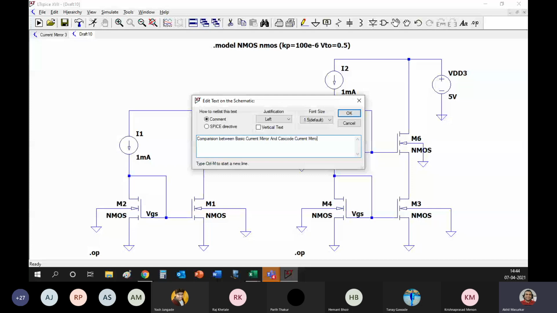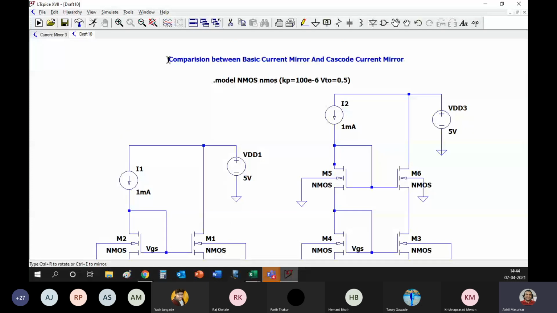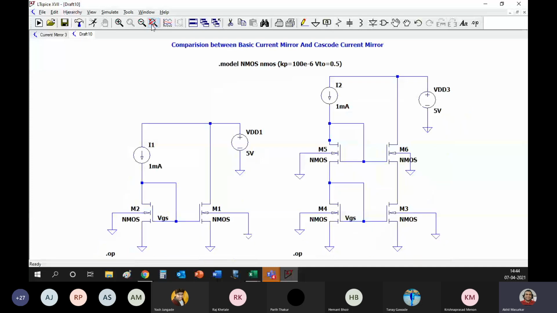And if you wish, now what you will ensure is that the W by L of each transistor will be 20 upon 0.18.